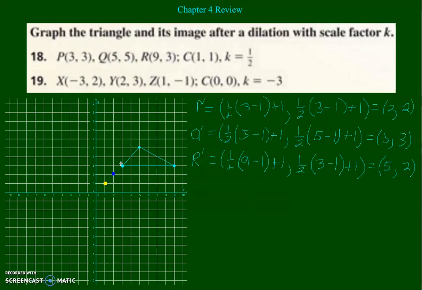So there. And 5, 2. 5, 2 is there. And so we connect those.